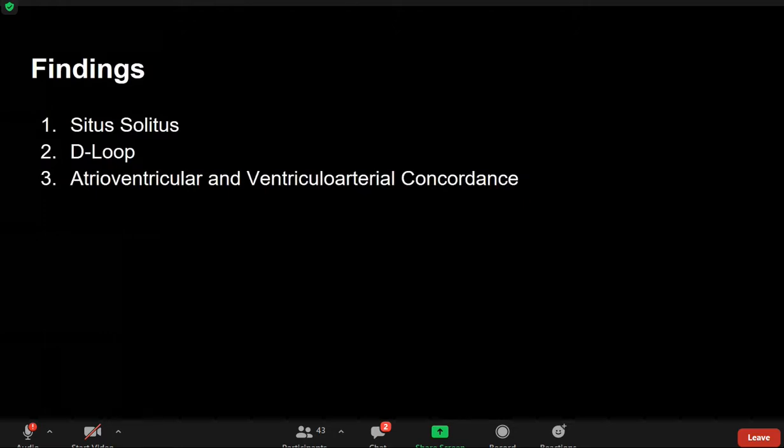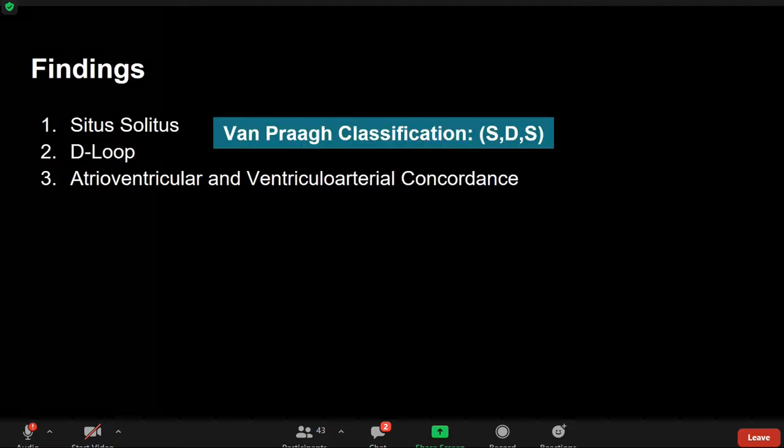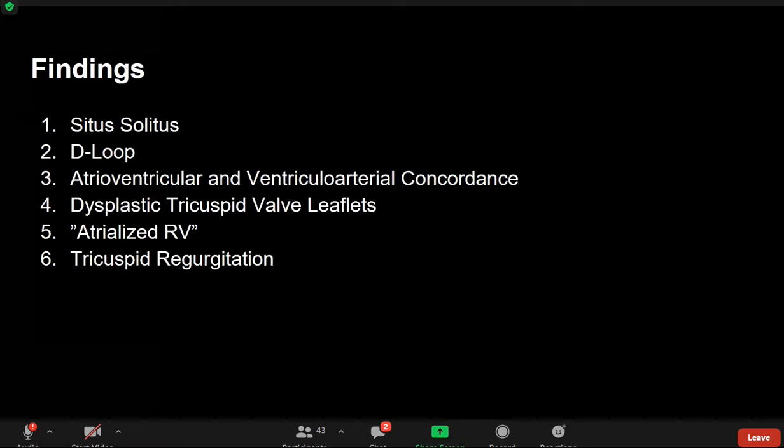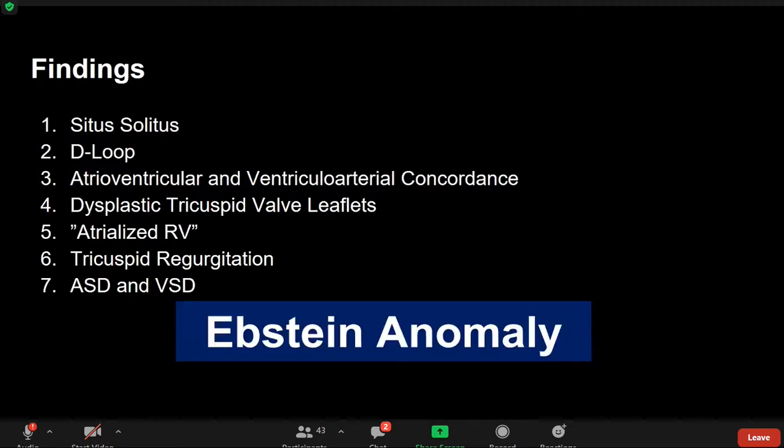If you use the old notation by Van Praagh, this patient would be classified as S,D,S. We also have dysplastic tricuspid valve leaflets, atrialized right ventricle, tricuspid regurgitation, and ASD and VSD. So these findings are characteristic for Ebstein anomaly.